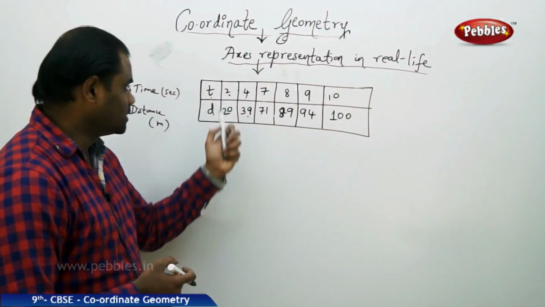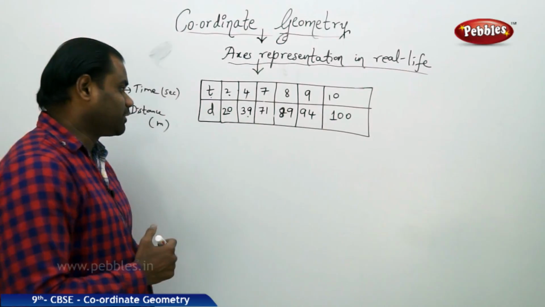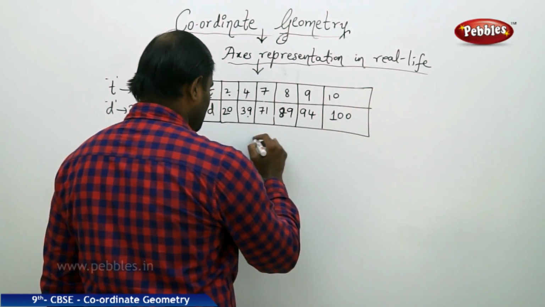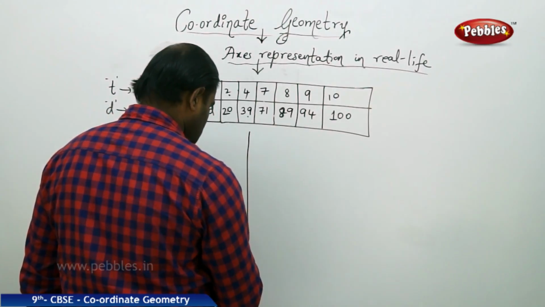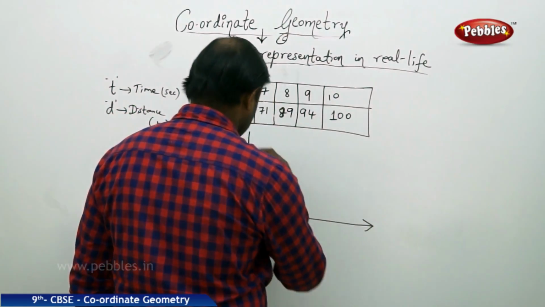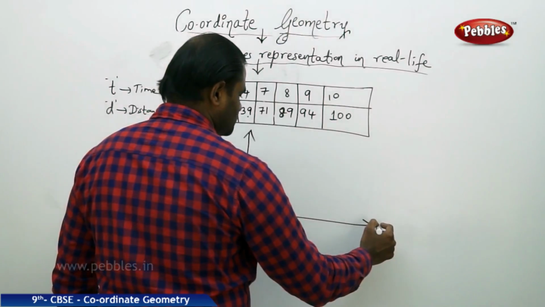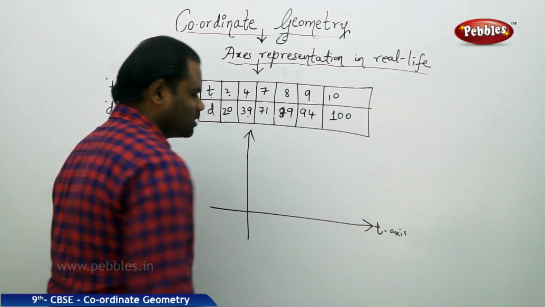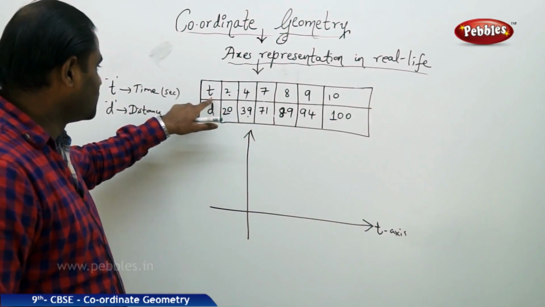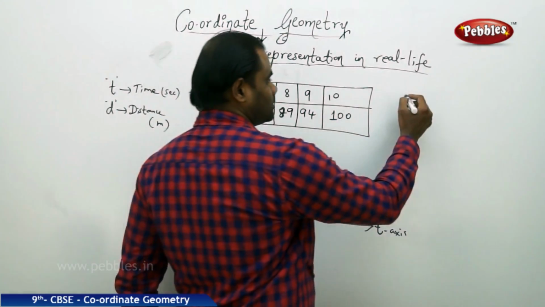In order to convert this into axis, we try to take the x-axis, and this is called the t-axis because the x-axis is now represented by the variable t.